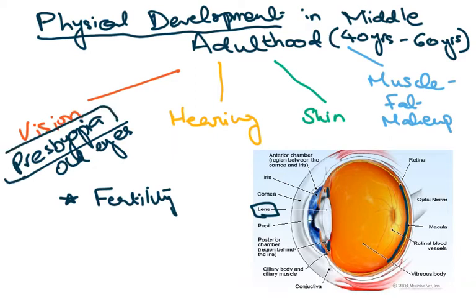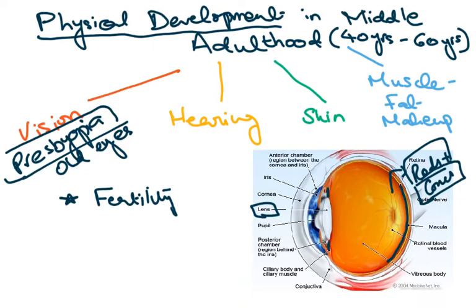Then another thing that you see is that on the retina you have receptor cells, which are called rods and cones. This is not in the diagram here. Basically these are specialized differently. Rods are specialized such that they help us see during the night, and cones are specialized such that they help us see during daylight.